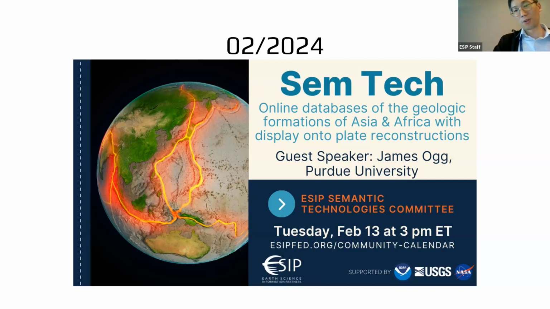But he did a really nice job because he's an expert in that research field, stratigraphy. The website is called geolex.org. If you have internet now, you probably can even go there and have a look. It's geolex.org.